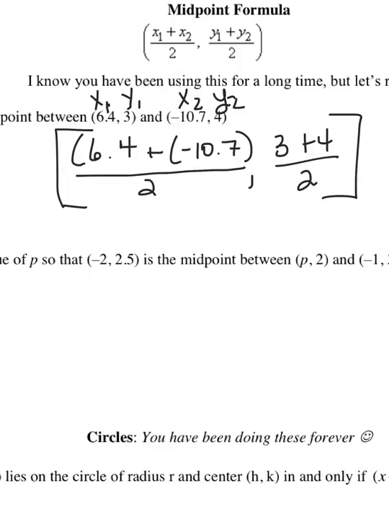Also, a good thing to remember whenever you're substituting in a negative number, like right here I substituted this negative 10.7 into my formula. Any negative numbers, you always want to make sure that you put those negative numbers in parentheses, especially if you're using a calculator.